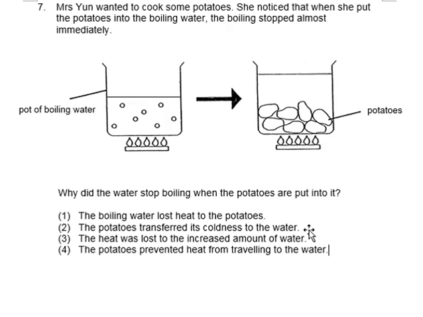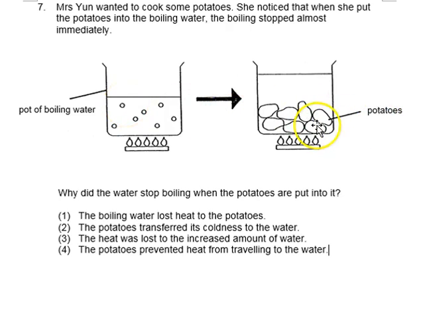Okay. Let's look at option three. The heat was lost to the increased amount of water. As you can see, the water level here increased, and that is true. But that's got nothing to do with the heat. The water level increased, not because the amount of water increased. It's because, remember what we did just now, the water has a fixed volume. It is a liquid. Remember the states of matter.